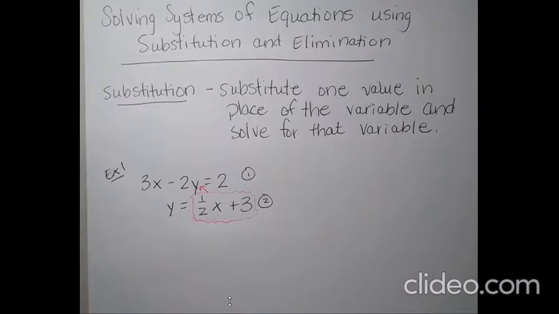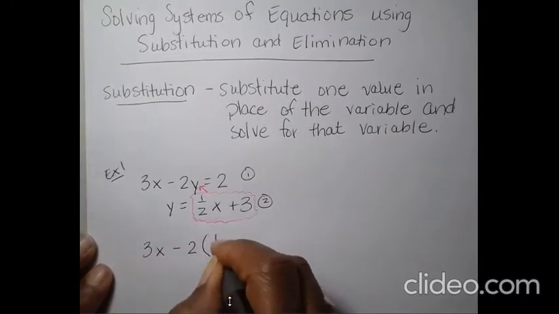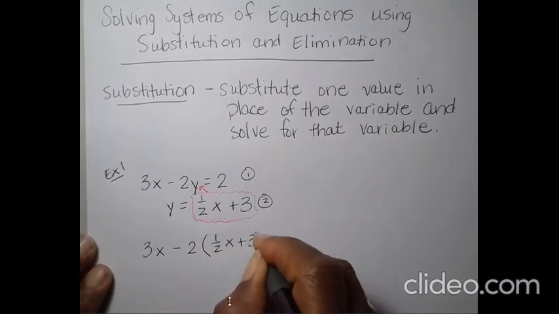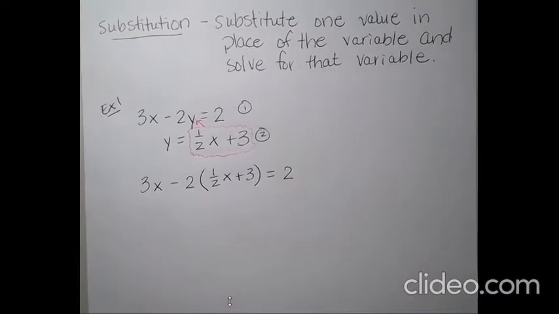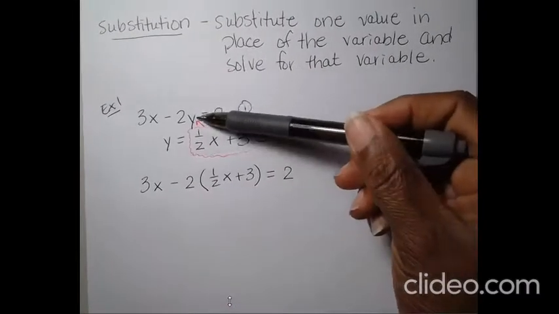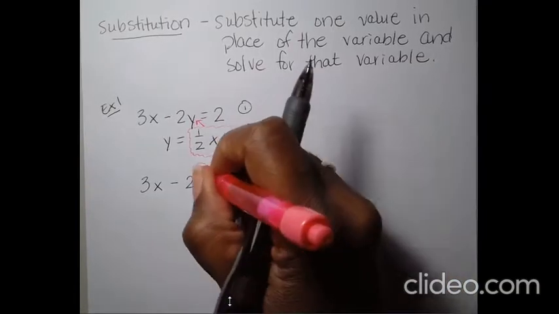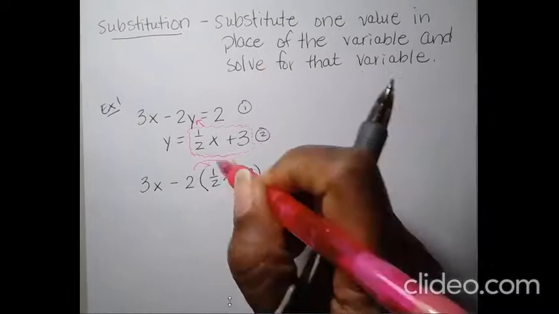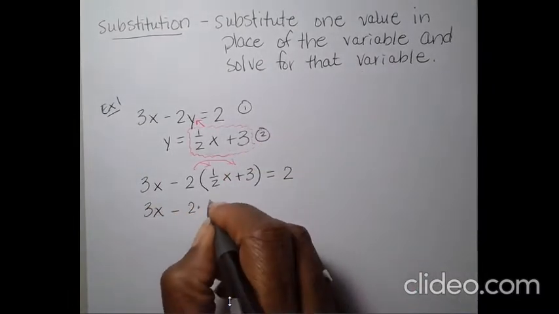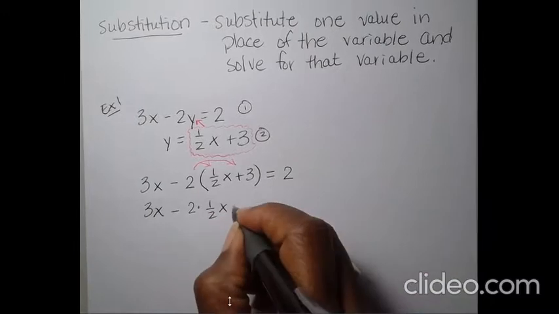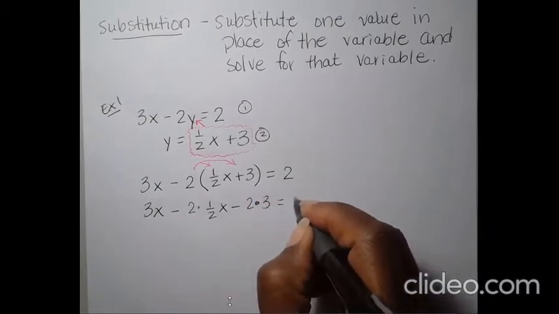So we've got 3x minus 2 times 1/2 x plus 3 equals 2. We substituted the 1/2 x plus 3 in place of the y in equation number 1. Now let's distribute. We've got 3x minus 2 times 1/2 x minus 2 times 3 equals 2.